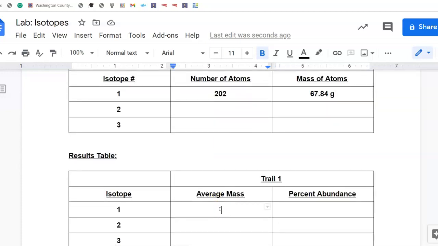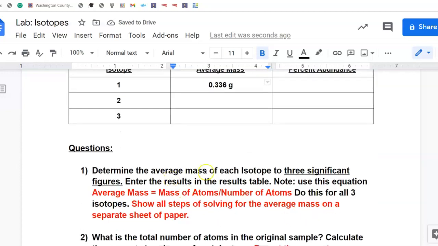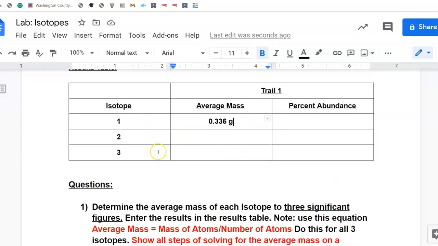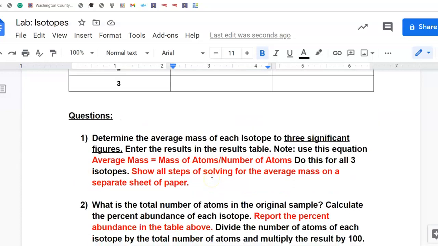If I go to my calculator and divide 67.84 by 202, I should get 0.336 grams. Again, you're doing 3 significant figures there, and you're going to do that for the other 2.